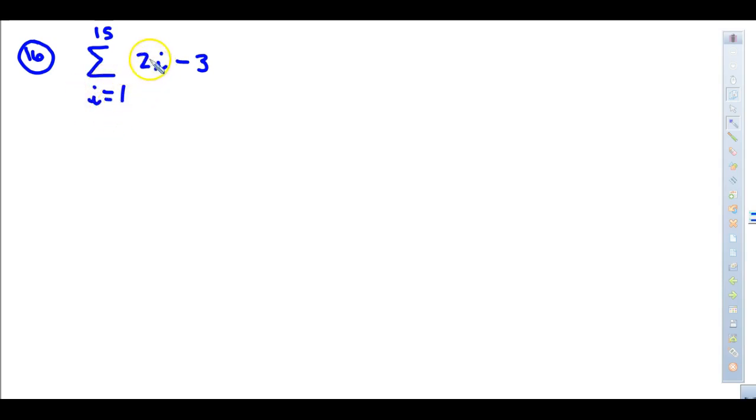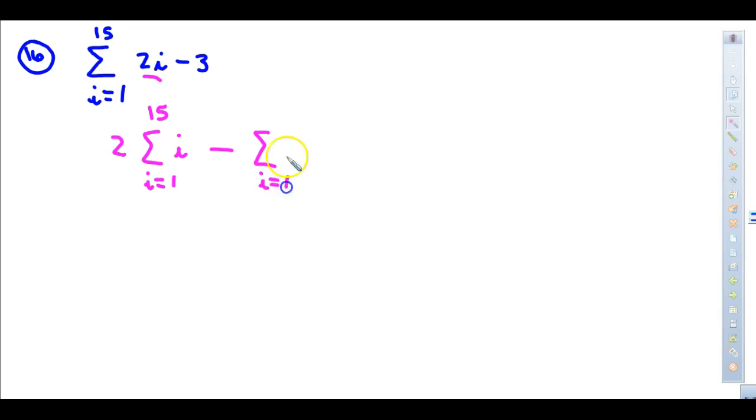So what I'm going to do is to this term right here, I'm going to apply the fact that I have a scalar in front of i, and I'm going to rewrite this as 2 times the summation as i goes from 1 to 15 of i. So I brought the 2 out as a scalar, and now this is just a constant, so I'm going to bring down my minus sign and give the 3 its own sigma as well.